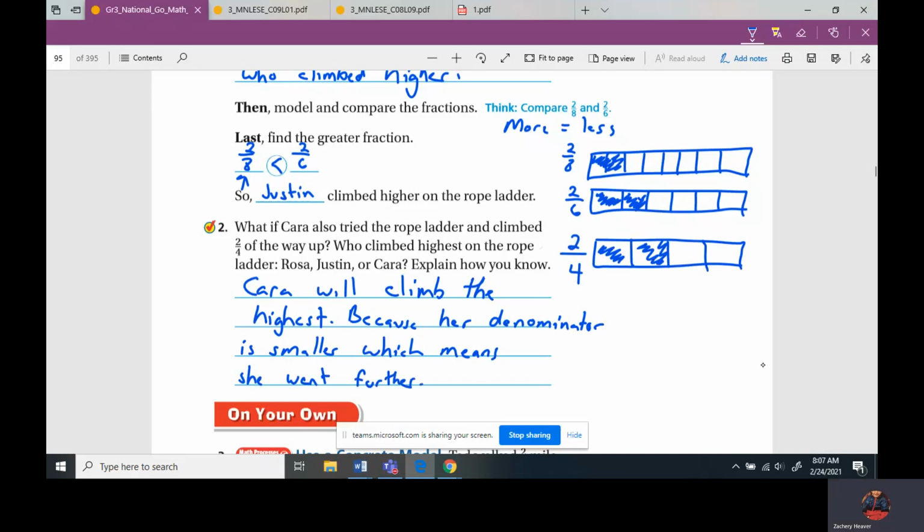Because remember, she's only going 4 steps. They're going 8 steps, 6 steps.